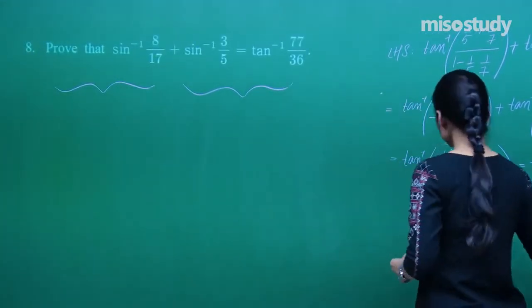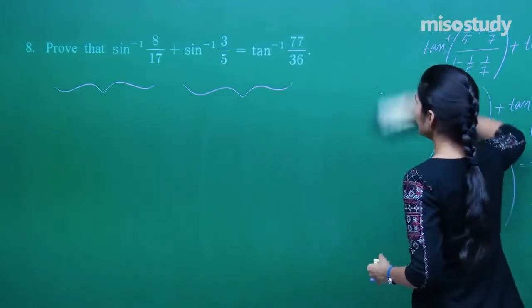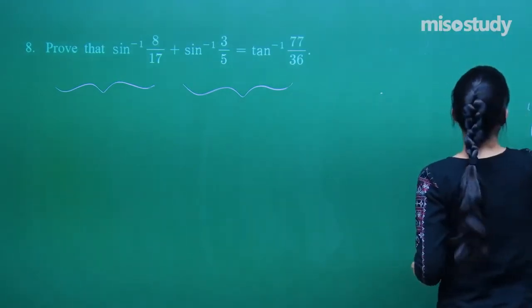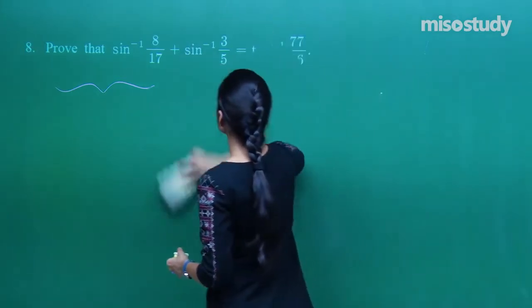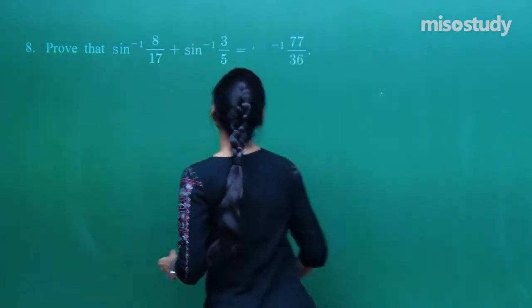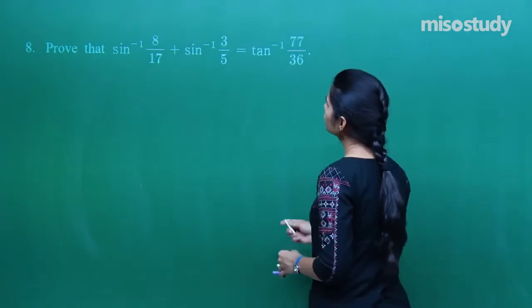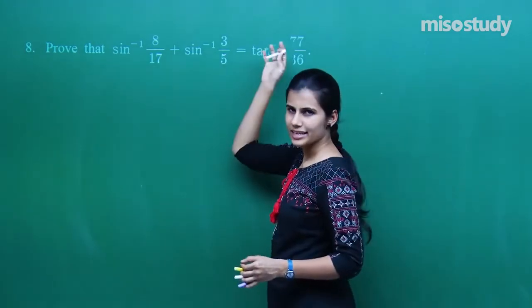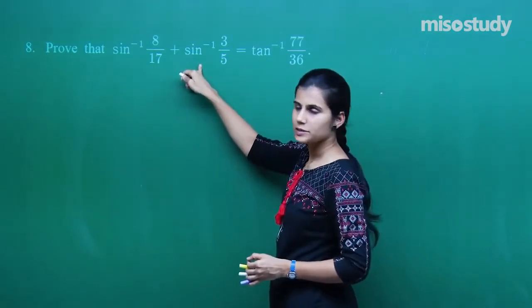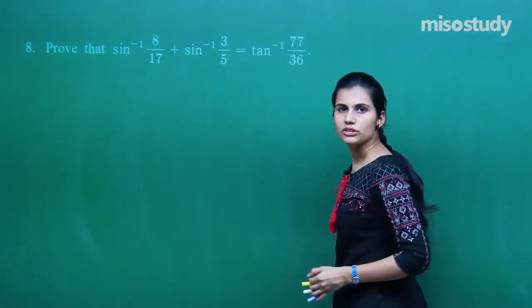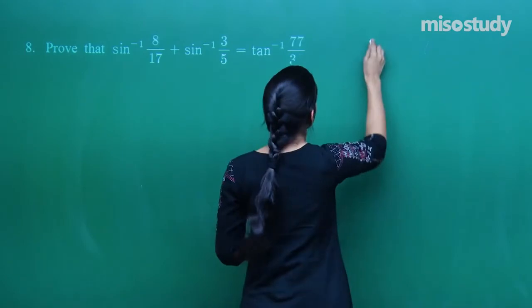Prove that sine inverse of 8 by 17 plus sine inverse of 3 by 5 is tan inverse of 77 by 36. In here what we are going to do is somehow sine inverse needs to be connected to tan or converted to tan. Both expressions involve sine inverse, and therefore here we need to change it to tan inverse. Let's see.